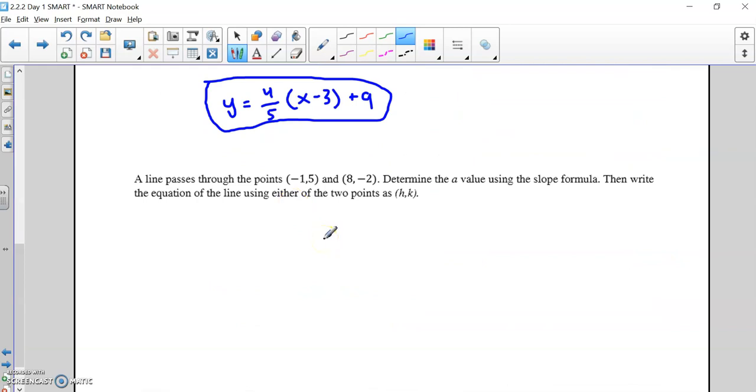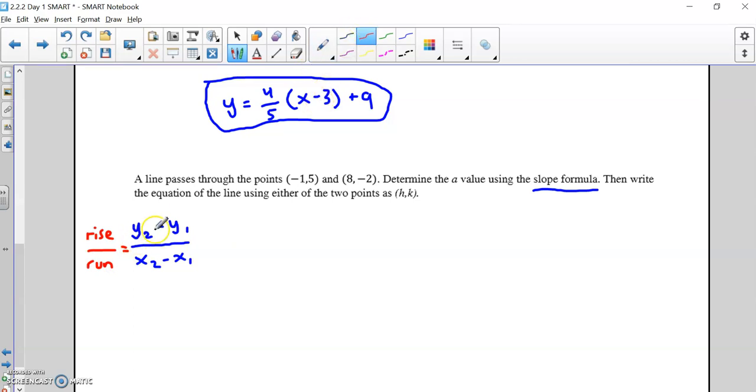This one's a little bit different. It requires a slope formula, which is a good old Algebra 1 concept. First thing we want to do is find the slope, and that slope formula is actually this. It might look familiar to many of you. All right, y2 minus y1 over x2 minus x1. This is also commonly known as rise over run. I'm sure a lot of you guys know it like that.